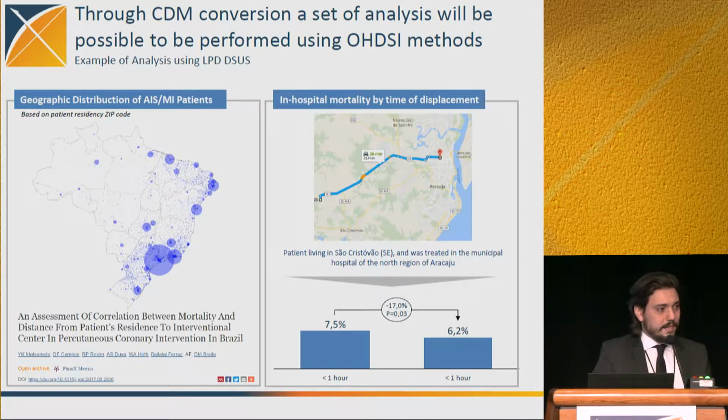But at that time, in 85, they just calculated the distance. So we have patient zip code, we have treatment center zip code, and we have mortality outcomes, and healthcare facility information, number of physicians, whether they have a percutaneous service there.